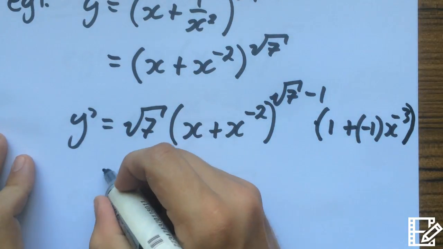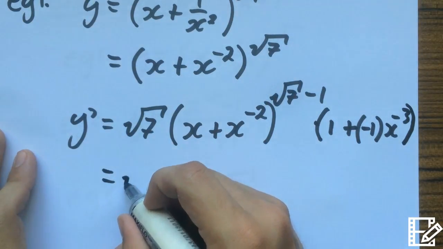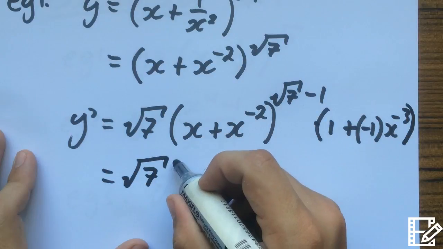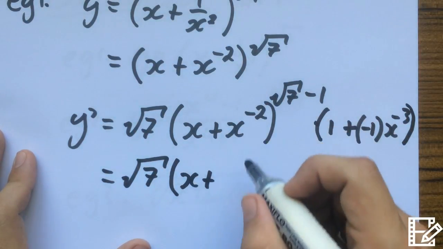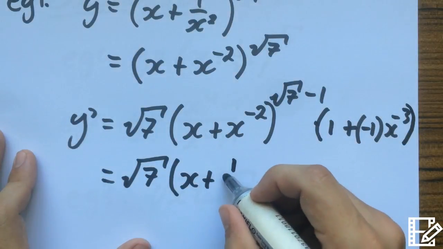Okay, so we're going to simplify this. Square root of 7, bracket, x plus, I'm going to bring this back to its original form.